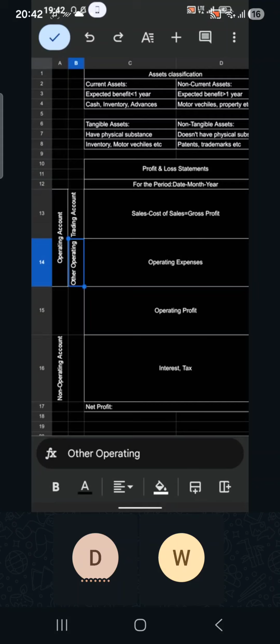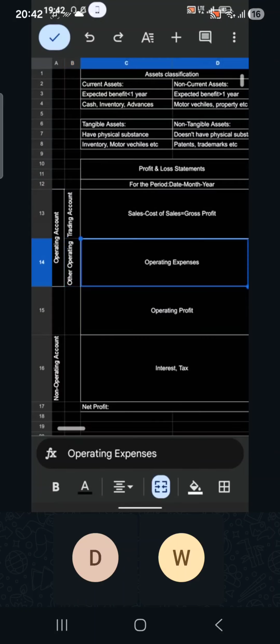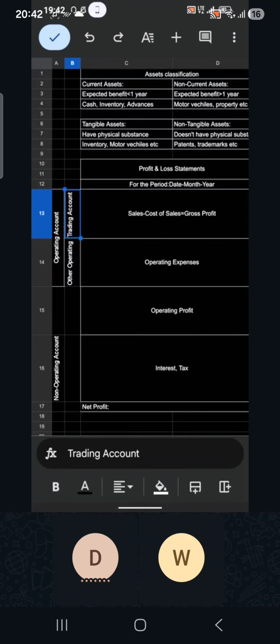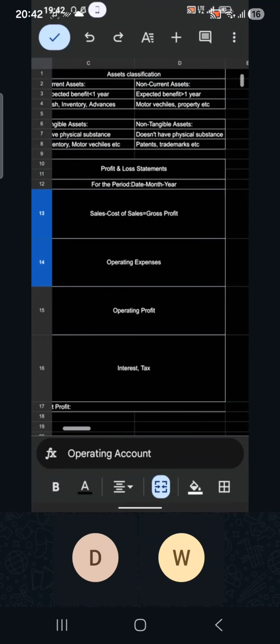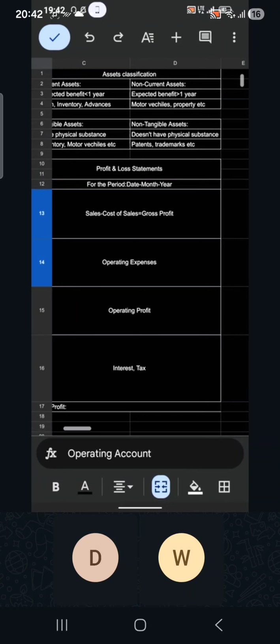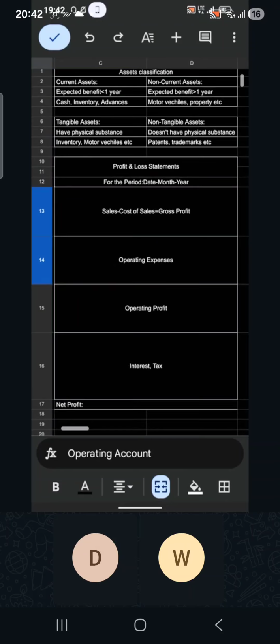And there's also operating profits, operating revenue, and operating expenses. Also, other operating expenses. There's no other operating revenue, so only think of it as operating expense. So, for operating revenue, think things like sales, things you get profit from in your business.